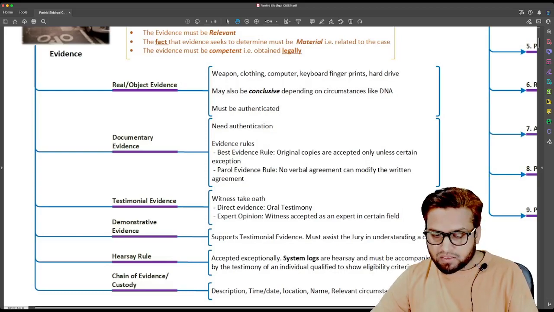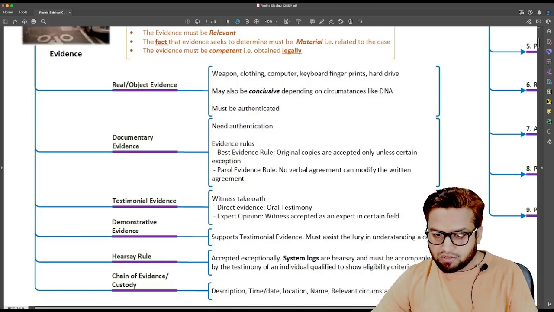Now, what is documentary evidence? Documentary evidence needs authentication, and there are two rules for the documentation which we provide to the court. First is the best evidence rule. The best evidence rule says that original copies are accepted only, unless there is a certain exception.